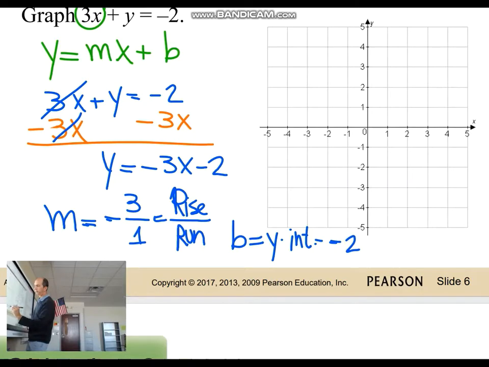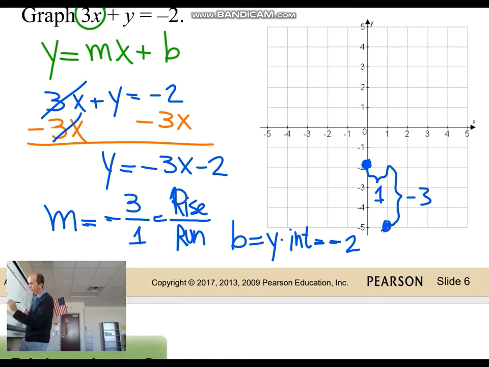So on the y-axis, find negative 2, right here. From this point, we will run 1 unit here, and rise negative 3. That means instead of rising, we are actually going down, right? It's a negative number, so negative 3.